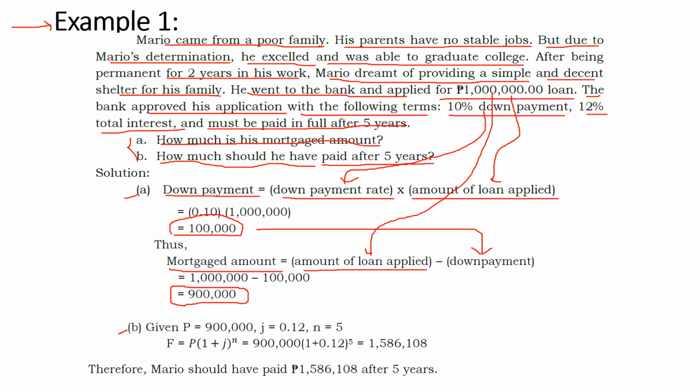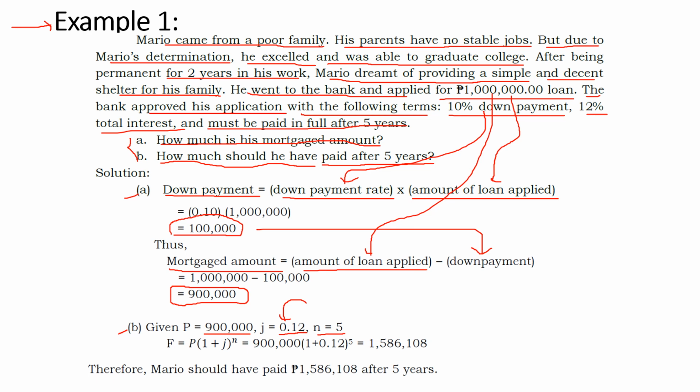And for letter B, given your P, which is 900,000 pesos, because that will be the principal that he will receive when he gets the loan he applied for. Now for the j, that is 0.12, and n is 5. Here we don't need to divide this 0.12 because this is compounded annually.